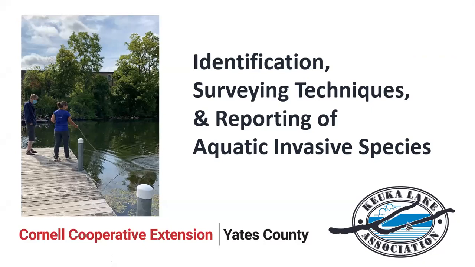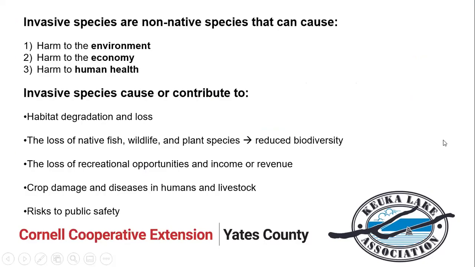And so with that, I will get started with identification, surveying techniques, and reporting of aquatic invasive species. So invasive species are non-native species that can cause harm to the environment, harm to the economy, and/or harm to human health.